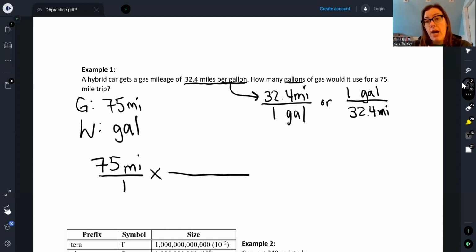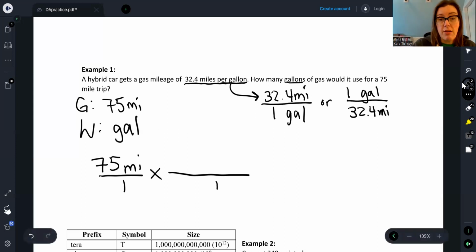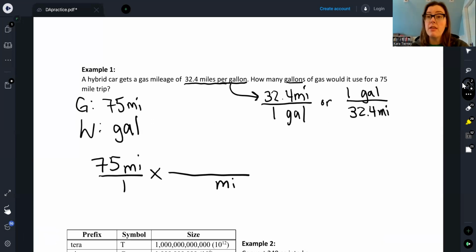Now, to fill out the fraction, we always put units first. Why? Because the key to these problems is canceling out our given units to give us our wanted units. So if I want my miles to go away, I need to put miles on the bottom of my fraction that I'm multiplying by. This gives me miles on the top, miles on the bottom. They're going to cancel.